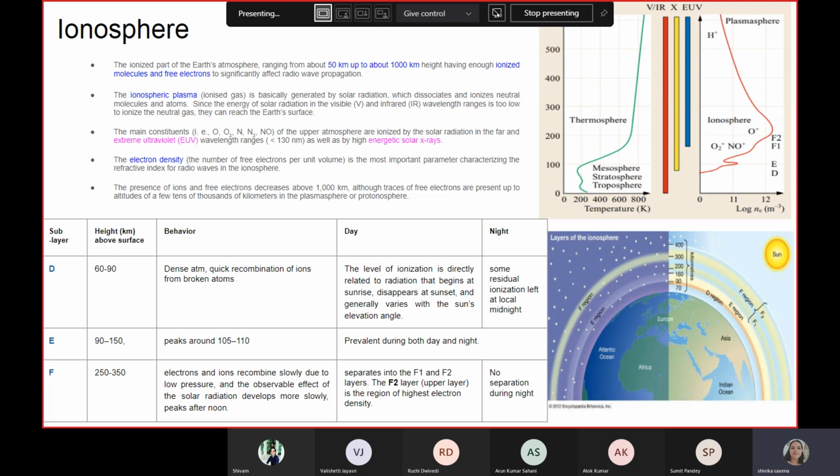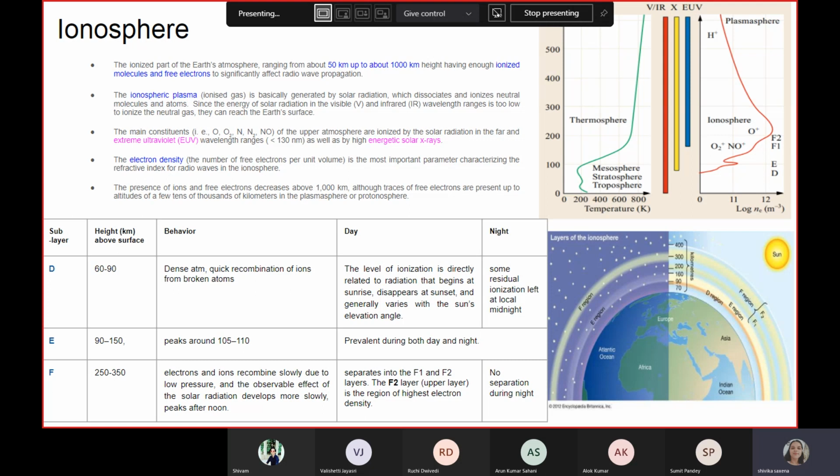So this is generated by solar radiation, and what it is doing is, these three wavelengths are dissociating and ionizing the neutral molecules and atoms. Which energy is this? This is the energy from the solar radiation.